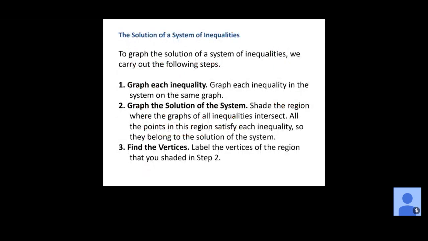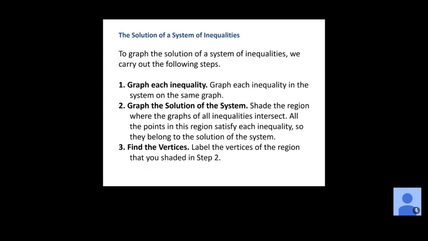All right. Now, the solution of a system of inequalities. If we're looking at the solution of a system of inequalities, again, the only way we're going to be able to do this is by graphing, because we're going to have an infinite number of points. We can't actually just list them out, right? We have to do it by graphing. So the first step is just to graph each inequality, right? And that's exactly what we just did on the previous example. So that's step one.